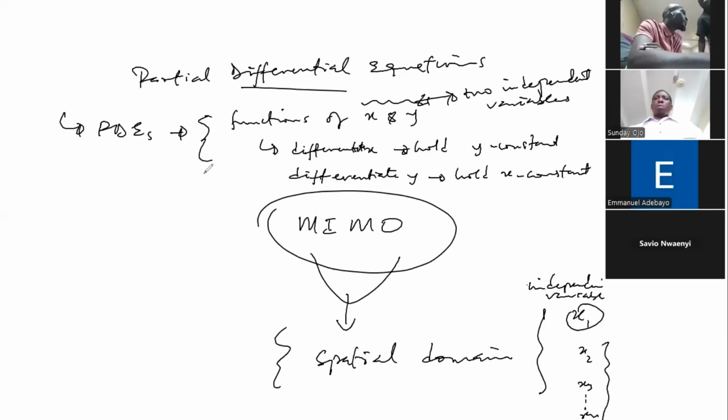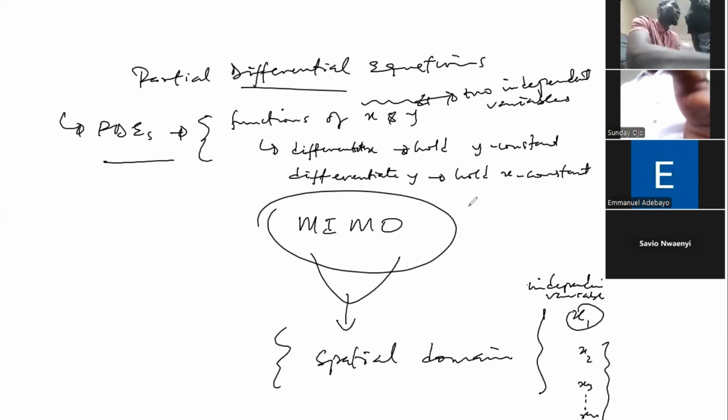At some point, we have to relate X1 with respect to X2 to Xn. That brings us back to partial differential equations, just like Engineer Joel mentioned earlier. We want to differentiate one of these and hold others constant.